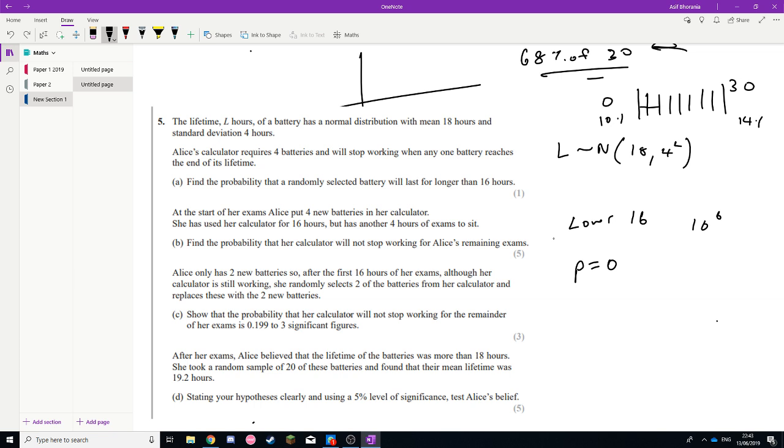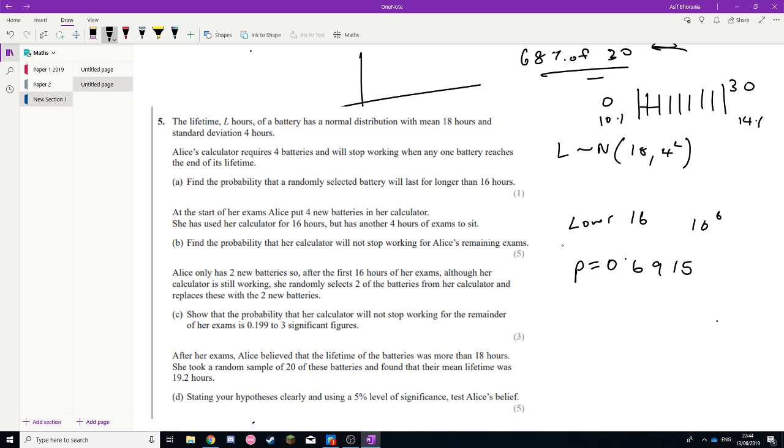Lower 16, upper 10 to the 6, 4, 18, 0.69. Okay, part 5. This time I have my calculator. At the start of exams, Alice puts 4 new batteries in the calculator. She has used the calculator for 16 hours, but has another 4 hours of exams to sit.